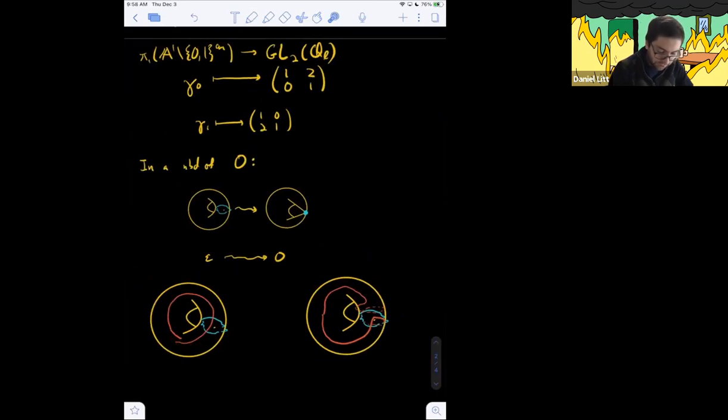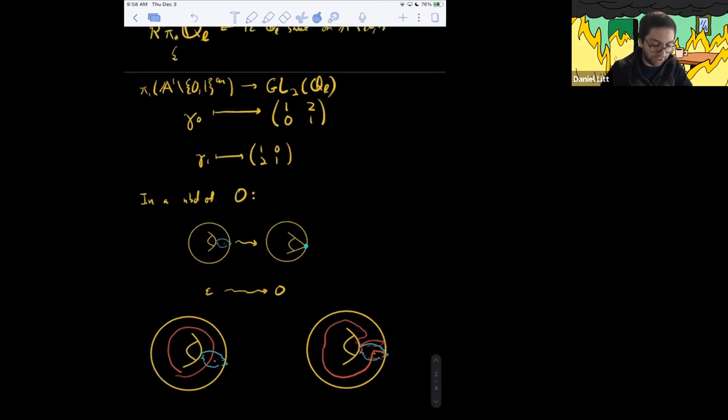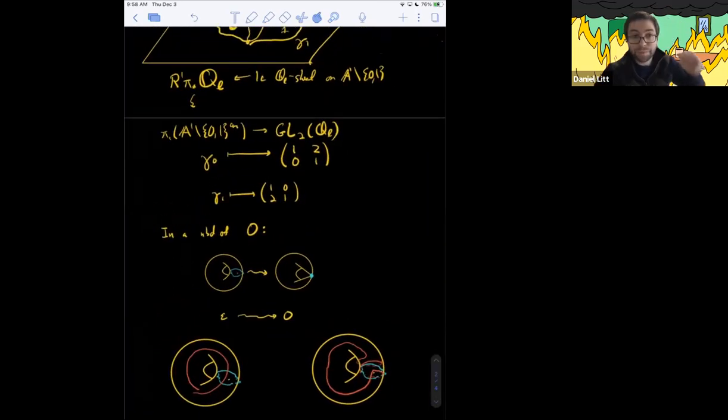It means you've taken this loop and you've added 2 copies of the blue loop to it, and geometrically you can represent that by this twice twisted red loop. Okay, so this is somehow the picture of this local monodromy.